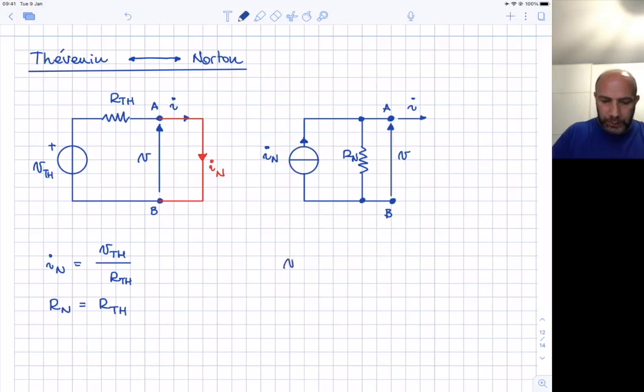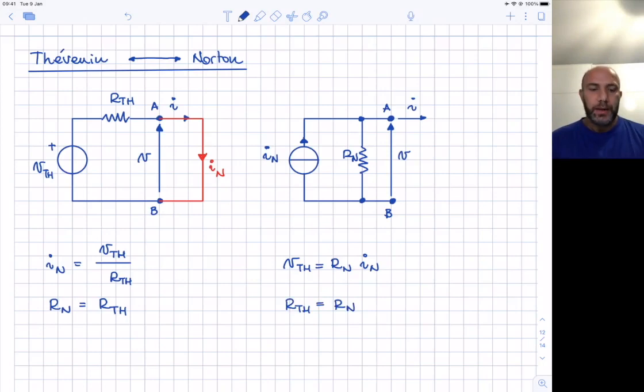So we have that VTH is Rn times IN. And similarly to what we said before, if we switch off the current generator, so we substitute the current generator with an open circuit, the resistance at the AB terminals is exactly Rn. So RTH equals Rn.